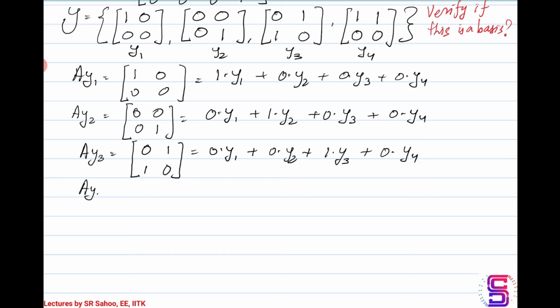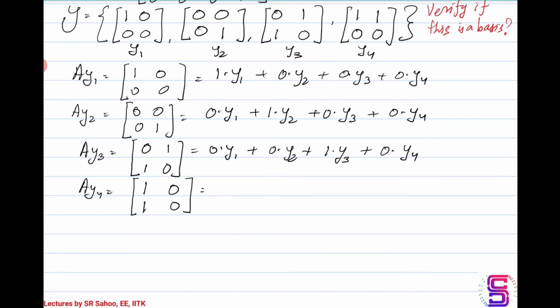A acting on y4 is 1 0 1 0. Right. So what are the scalars that would come up here? Let's find out what are the scalars.